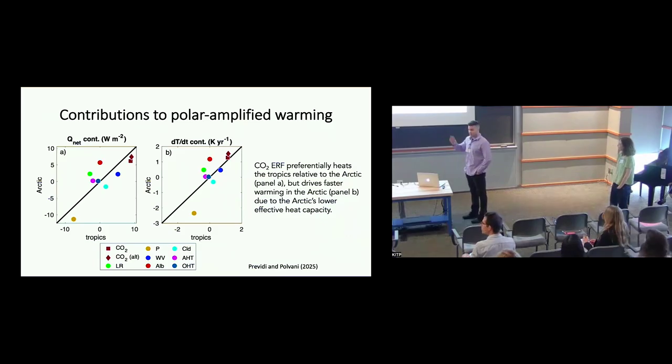Because given enough time, the system is going to respond to those imposed energy perturbations. And so I think the heat capacity differences are really relevant for understanding the transient warming rate.